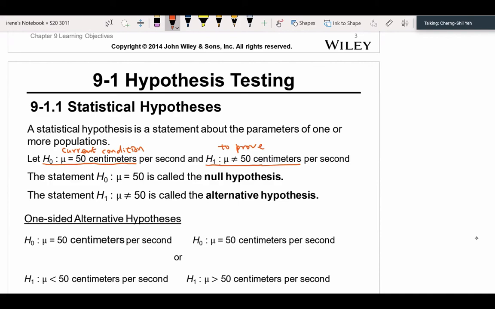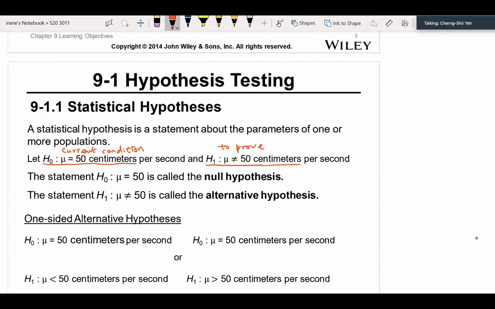We're still meeting the current condition. If the mixture comes in as a new model, it apparently changes the process, changes the property coming out of that process. Then we're going to perform hypothesis testing and conclude the alternative hypothesis that my population mean has changed.